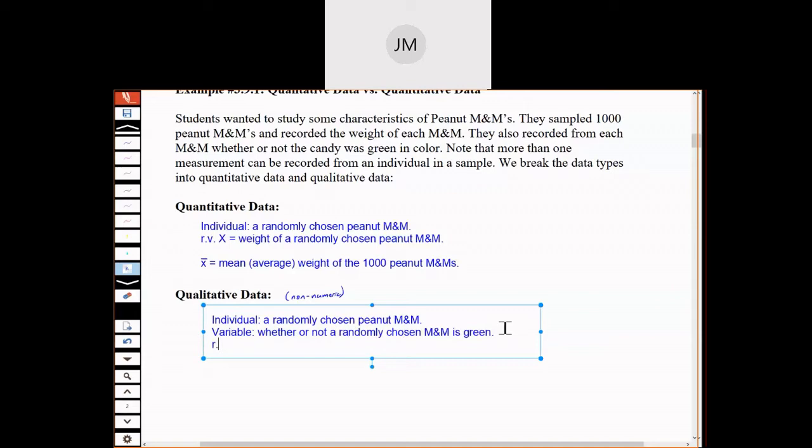Okay, so then my random variable x for my qualitative data side is going to be the number of peanut M&Ms out of the 1,000 that are green.